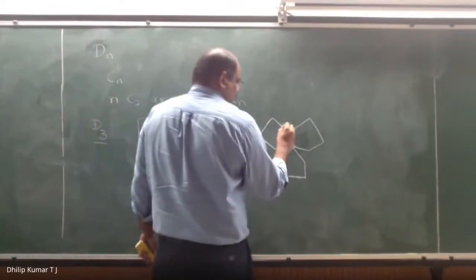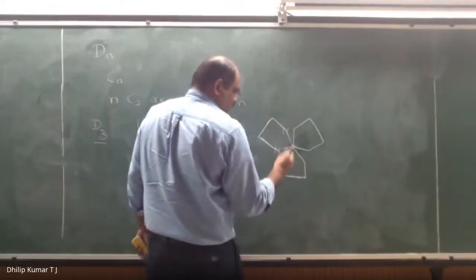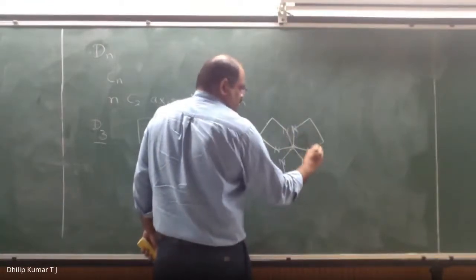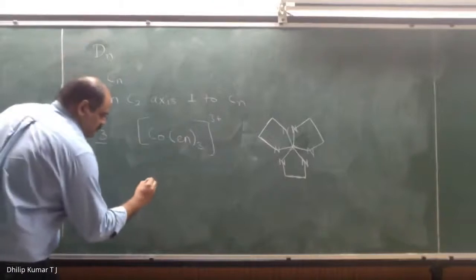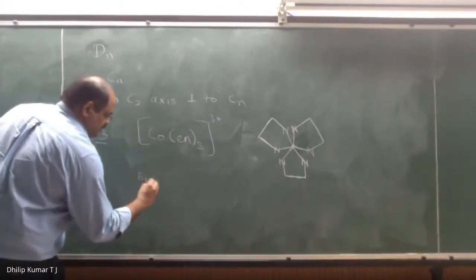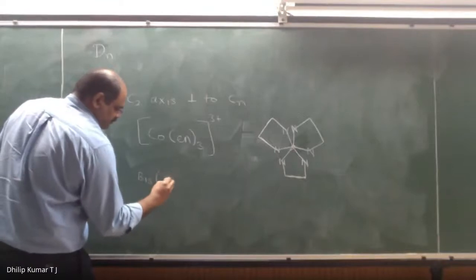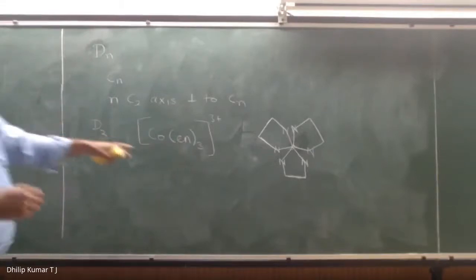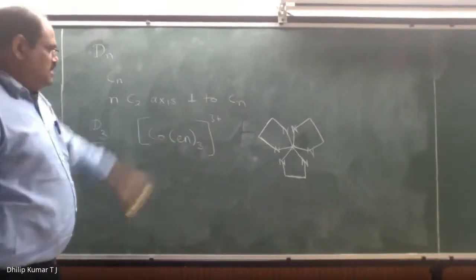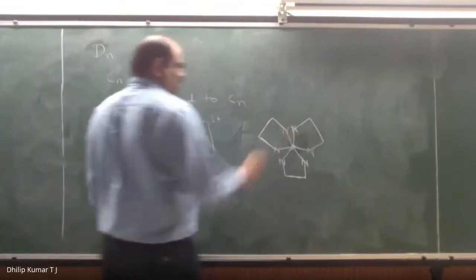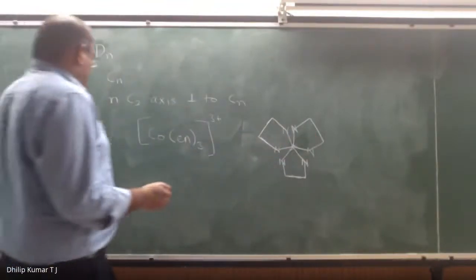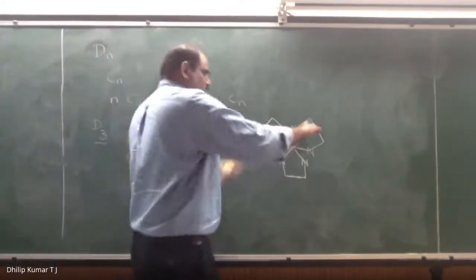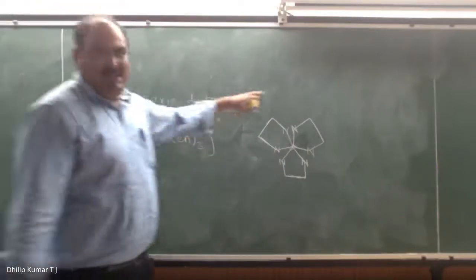So this is all N. I'm not fitting the valency, but still just consider as N. So this is ethylene diamine. Okay, so this is basically ethylene diamine. This is the tris ethylene diamine cobalt 3 plus complex. So that's why you have 3 ethylene diamines. And then this forms a D3 point group. So it is not planar. If you see, these two will be in one plane, then this group will be out of the plane.